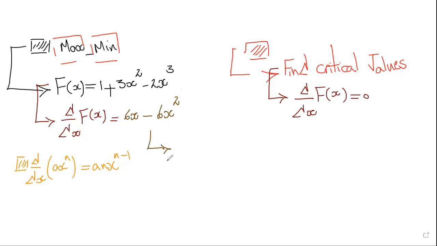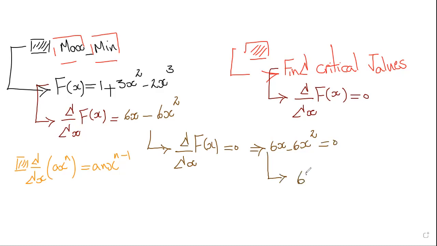Then what needs to be done is that we need to find the critical values. The critical values are given where the derivative of the function goes to 0. It means that 6x minus 6x squared goes to 0, which means that if we take 6x as a factor and bring it out, we are left with 1 minus x going to 0.